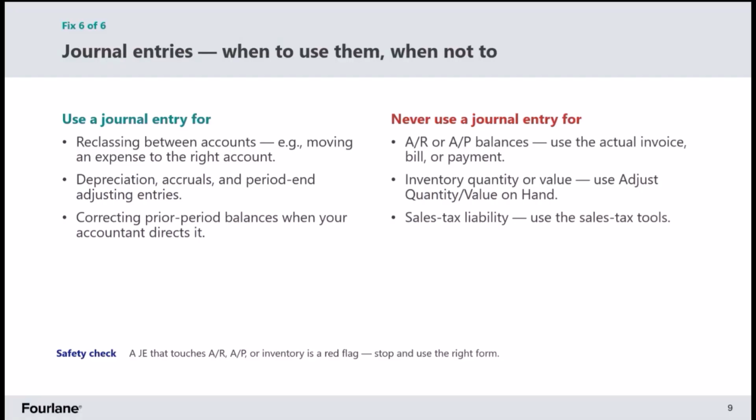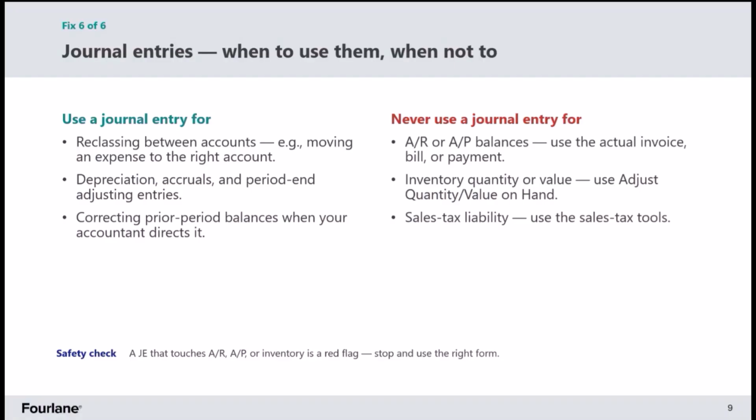And I say inventory quantity and value, but you can't adjust inventory quantity with a journal entry, only value, because you cannot select an item on a journal entry form. In those instances, you want to use the adjust quantity value on hand, and that is what is going to keep your counts and costs in sync.